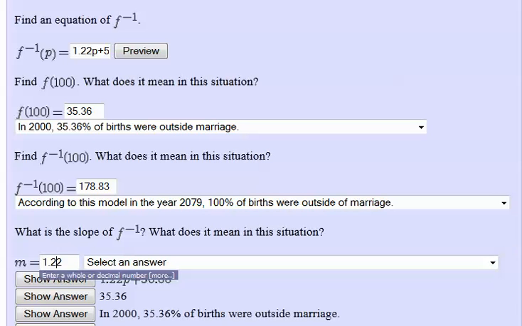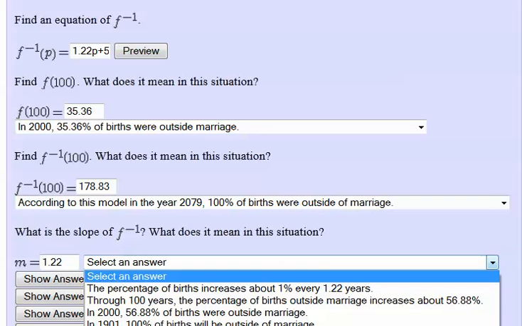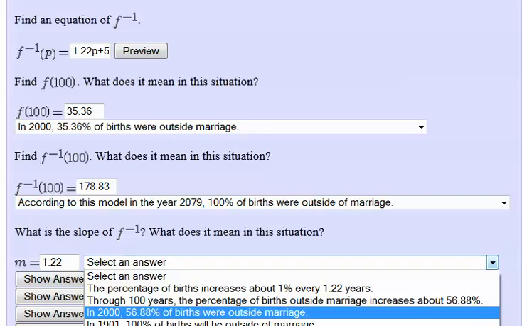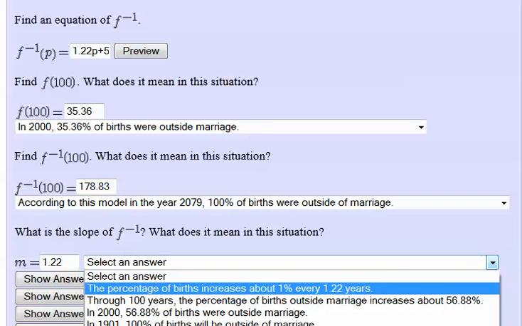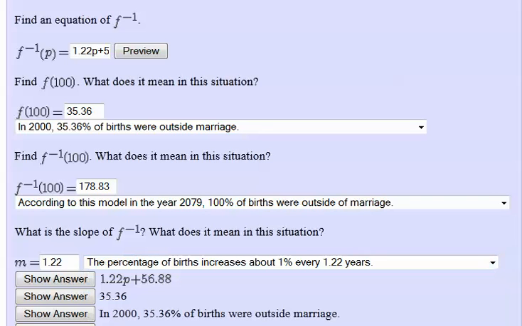But when we swap the x and y values, or the p's and t's, it's now the change in t over the change in p. So for one change in p, a 1% increase, the year increases by 1.22. So the percentage of births increases by about 1% every 1.22 years.